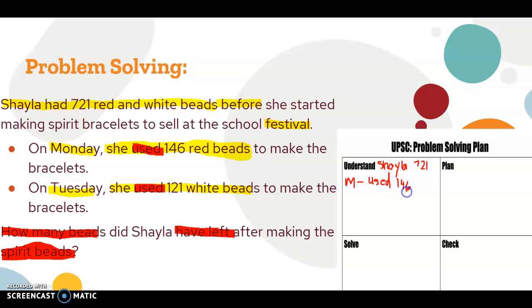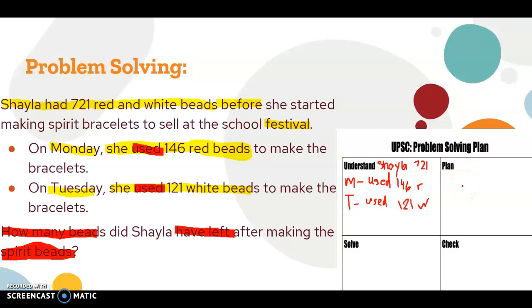And I know on Tuesday, and I'm just going to write the T for Tuesday, she used 121 white beads. And I'm going to write a W for white, R for red.